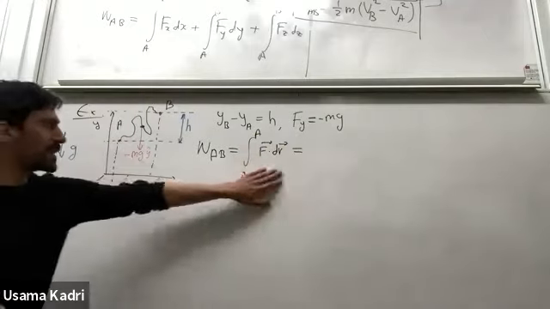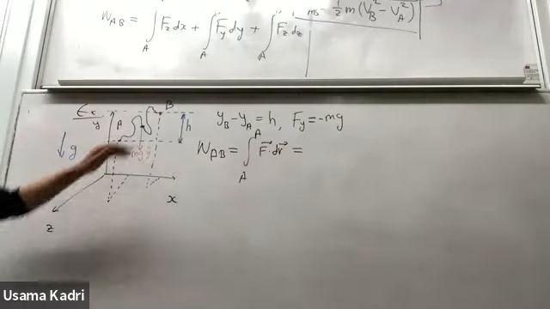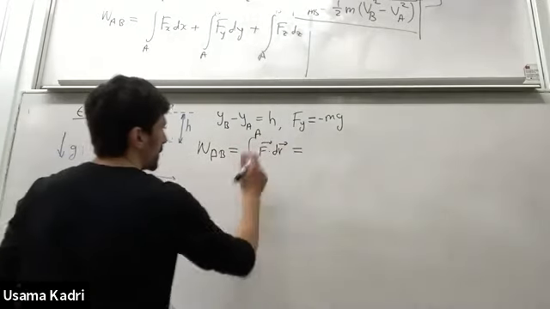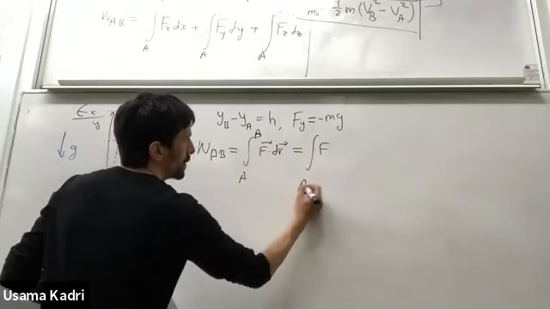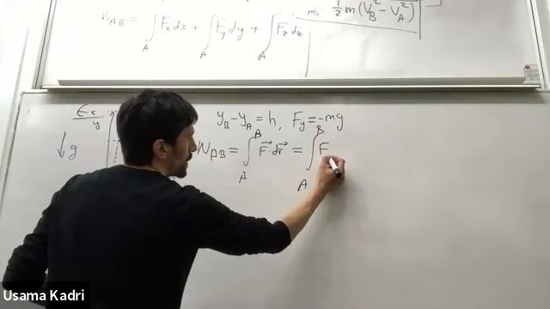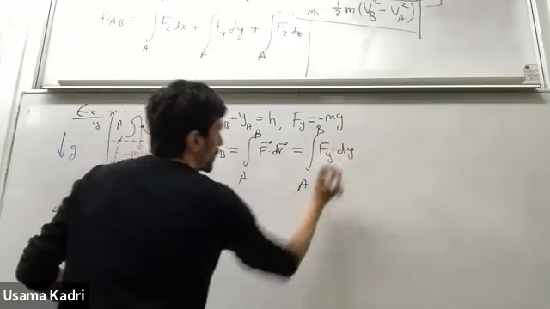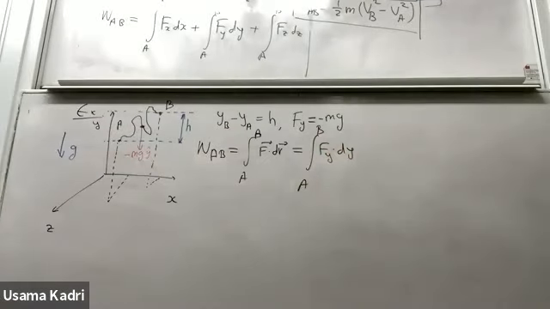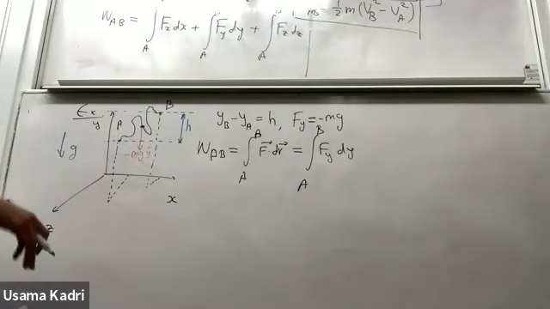You immediately can see that the only thing that matters is the y direction from A to B here. So we have the integral of Fy dy. This is the only thing that matters, because gravity is the only thing doing work here.